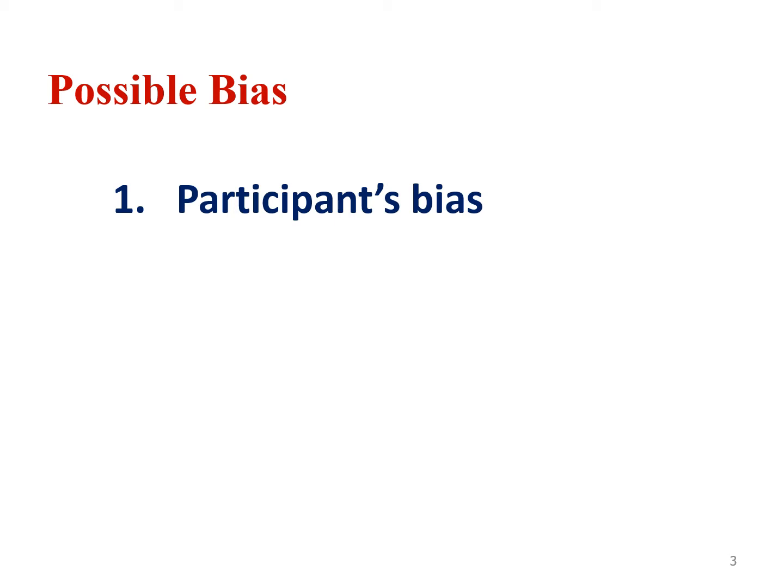Participants of the study, when they come to know that they are receiving a new form of treatment, start feeling better subjectively and report improvement in their condition. It is participant bias. This is also known as subject variation.